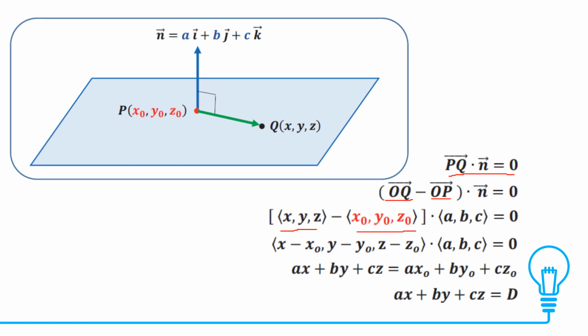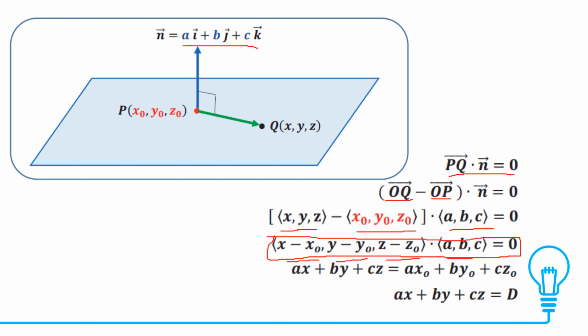Vector n is equal to A, B, and C. After we do the operation, we will get (x minus x0, y minus y0, z minus z0) dot with (A, B, C) is equal to 0. And basically this is what we say as equation of plane.